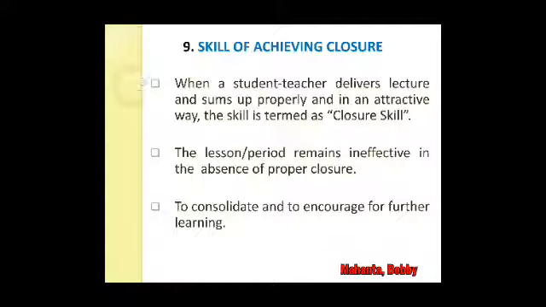Okay, so in this way we understand that this particular skill of achieving closure is also very important. So let us further see.